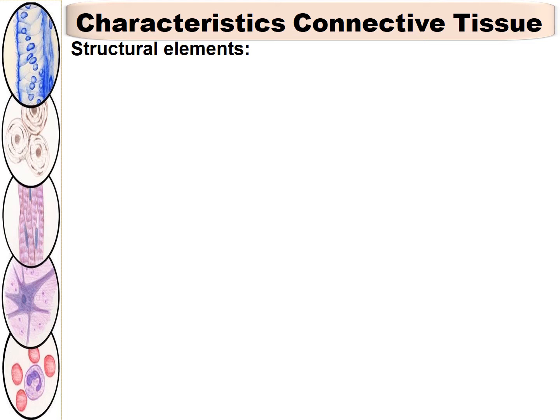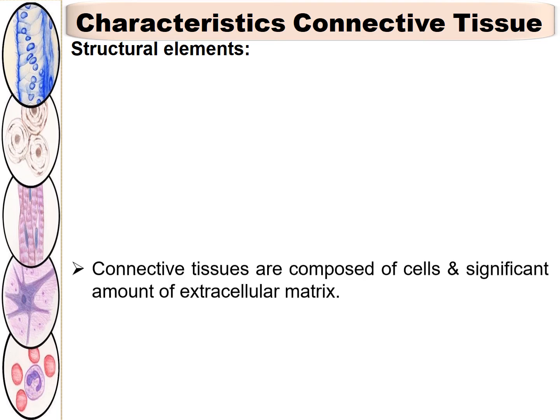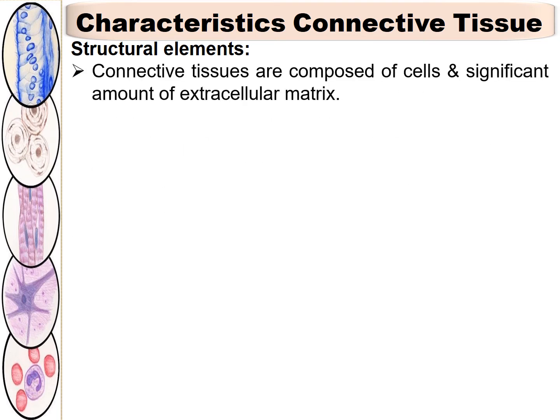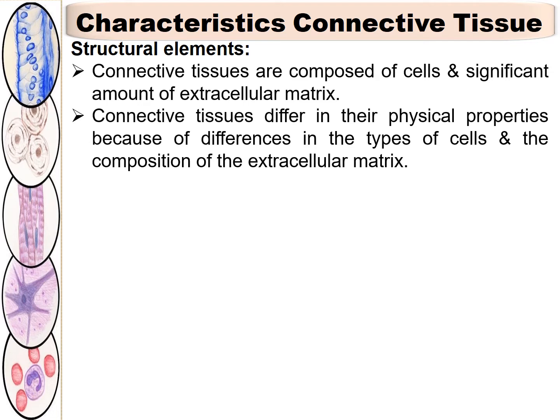Then, in continuation of the features of connective tissues, let us discuss the structural elements of connective tissues. Connective tissues are composed of cells and a significant amount of extracellular matrix. They differ in their physical properties because of differences in the types of cells and the composition of the extracellular matrix.